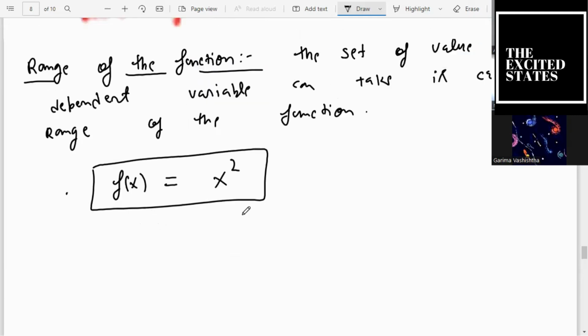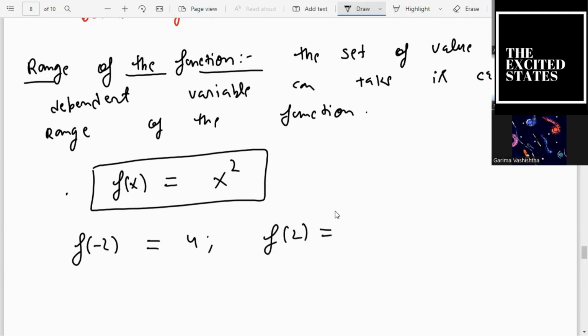Can you tell me the value of f of minus 2 here? 4. Can you tell me the value of f of 2 here? 4.